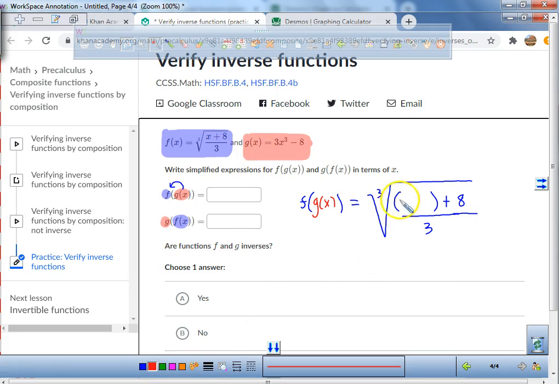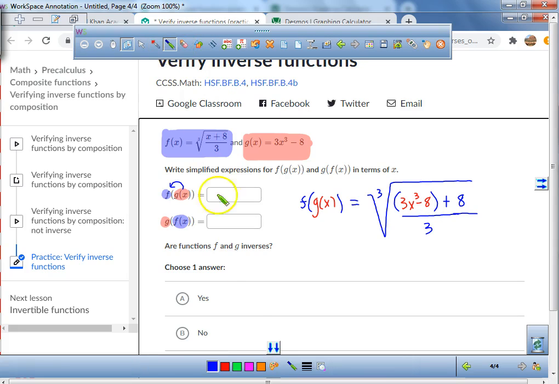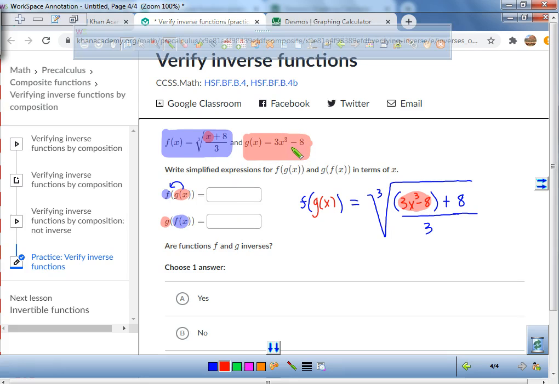Now inside of this parentheses, I'm going to put 3x cubed minus 8. Because what I'm hoping you will see is that normally, what did I have right there? I just had an x, but I'm taking this function right here, 3x cubed minus 8, and plugging it in to the x value for f of x, and that's what f of g of x means.